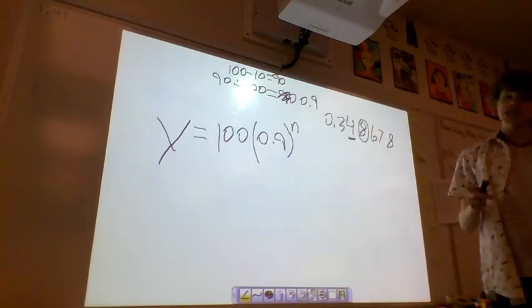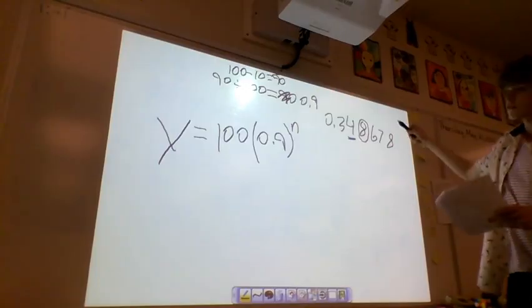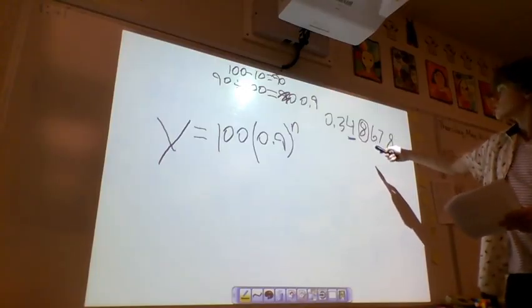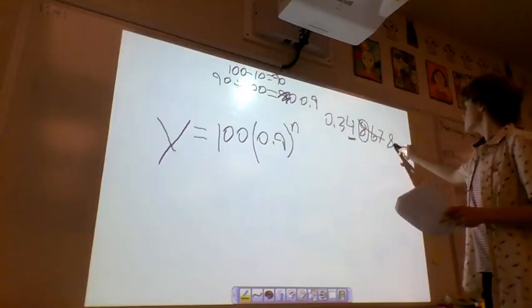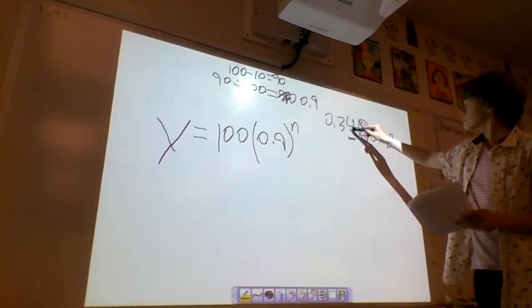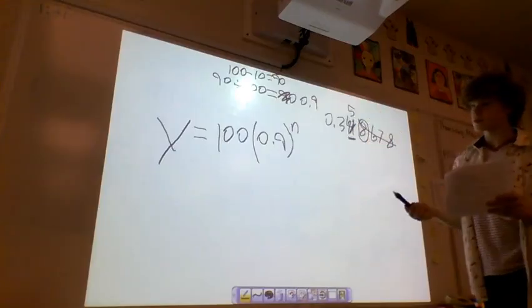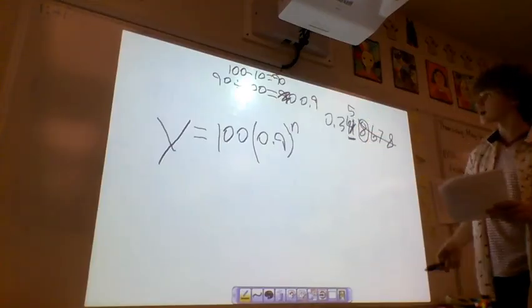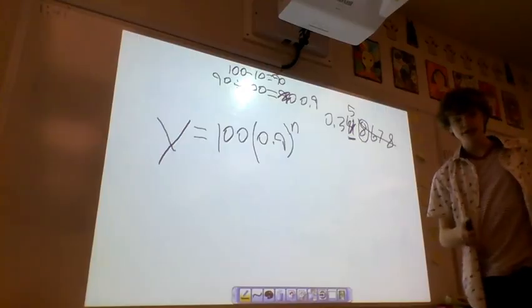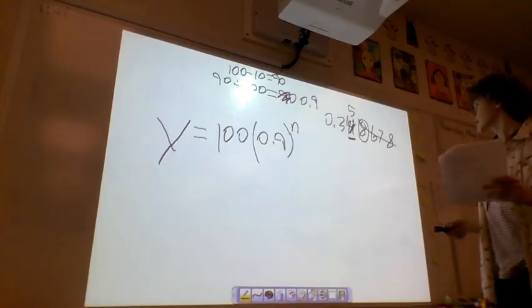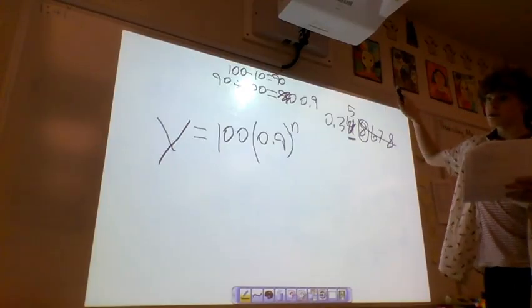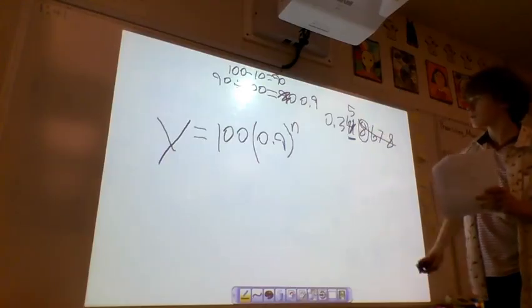If the number in the third decimal place is 5 or over, which it is right now, we get rid of all these numbers, but the 4 becomes a 5. You add 1. But if it was less than 5, then we would round down. We'd get rid of all those numbers, but there would be no change to the second decimal place.